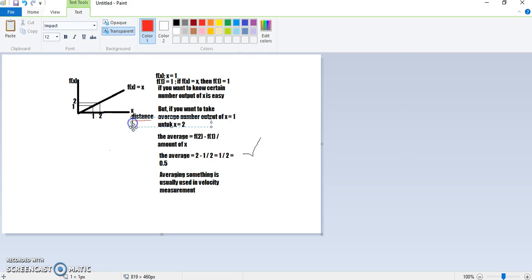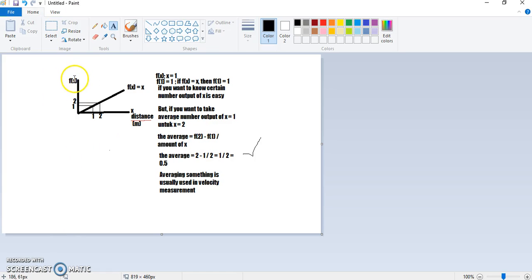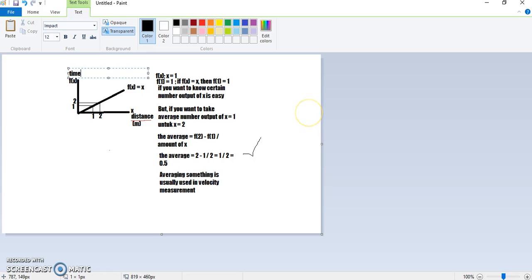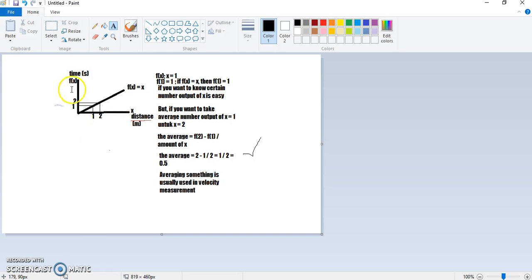The horizontal line is distance in meters. So give it a standard unit, I mean m, and we have a new name for f(x). It is time, with unit s, so time in s. So let's erase this f(x) and erase x, pretend that you don't see this.